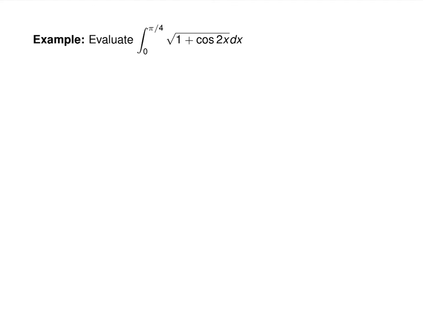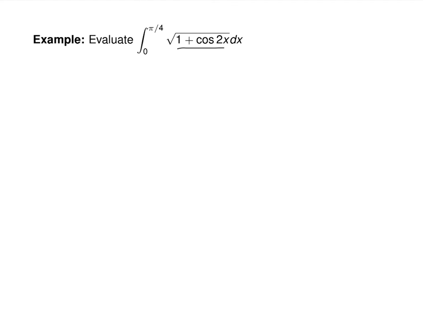Now our final example looks tricky, but it's actually really simple if you look at it the right way. It would be lovely if we could take the square root of the thing under the root sign, but not unless it was just something to the 2nd power. But 1 plus cosine 2x looks awfully familiar, doesn't it? It looks like something that involves the half angle.